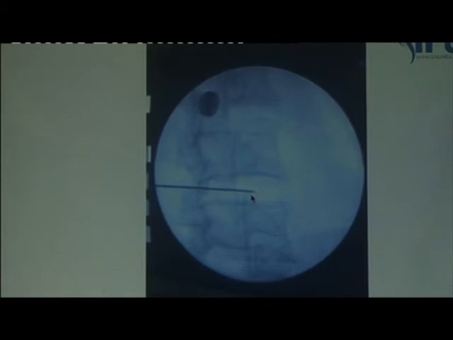That's the entry point, the center of the disc, just lateral to the superior articular process. Once we point out our entry point, we'll go end on view.